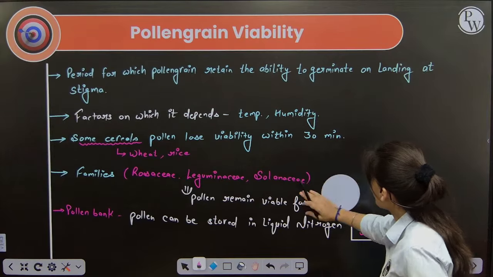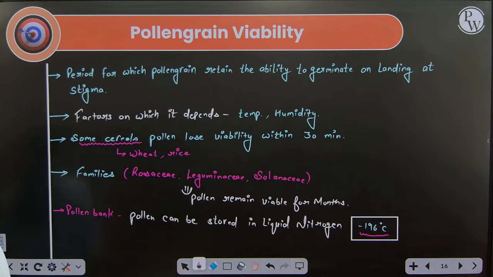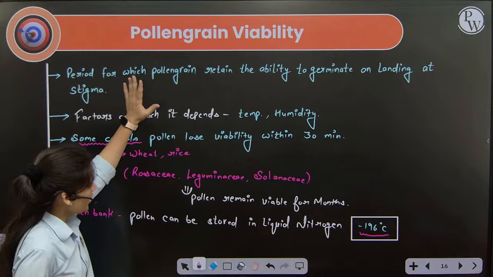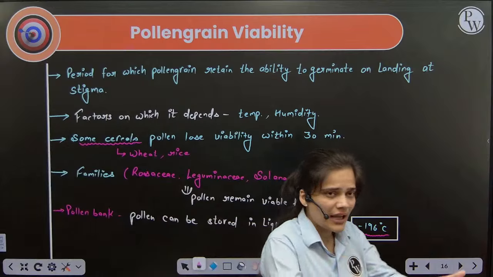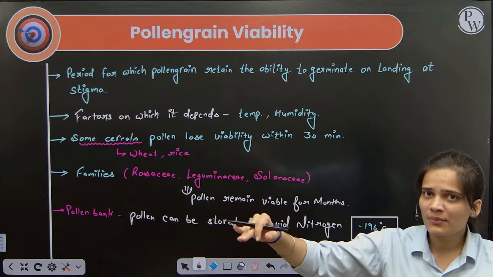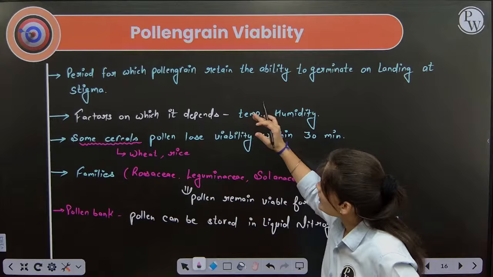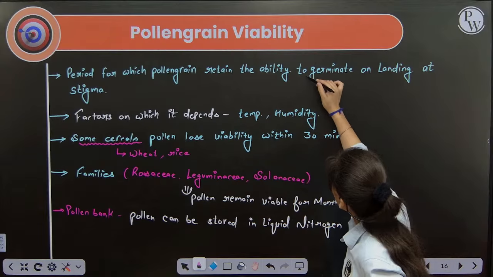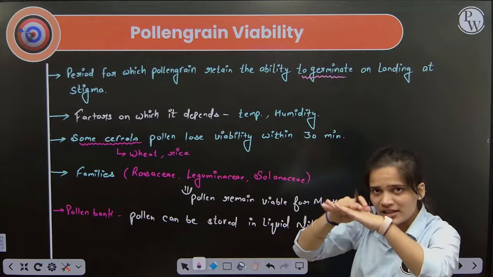The last topic in case of the male reproductive part is pollen grain viability. What is pollen grain viability? It is the period for which pollen grains retain their ability after shedding and transfer on the stigma to form the pollen tube. It is the period for which the pollen grain retains the ability to germinate on landing at the stigma.